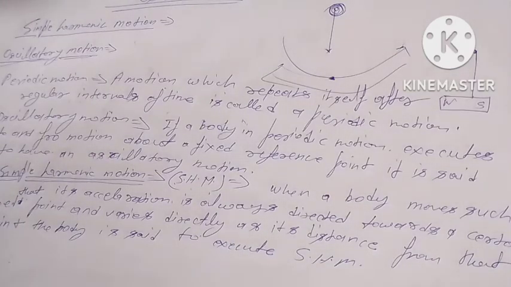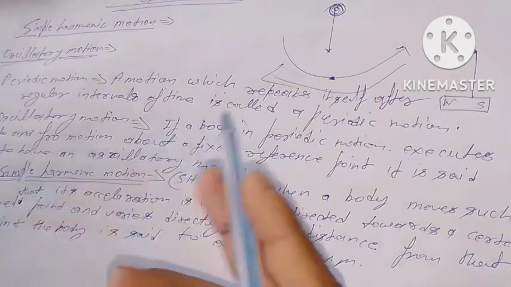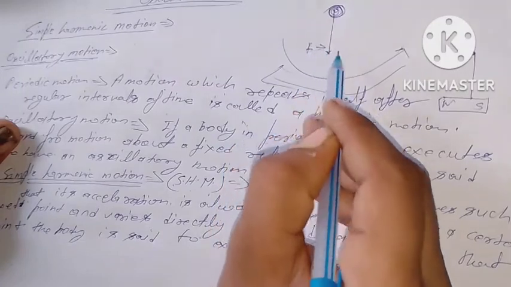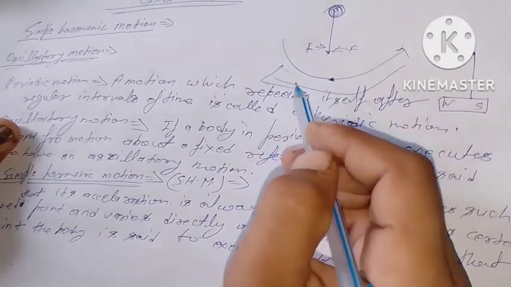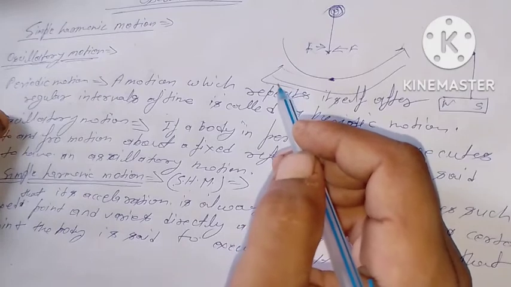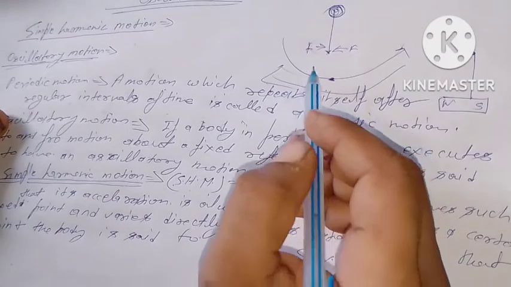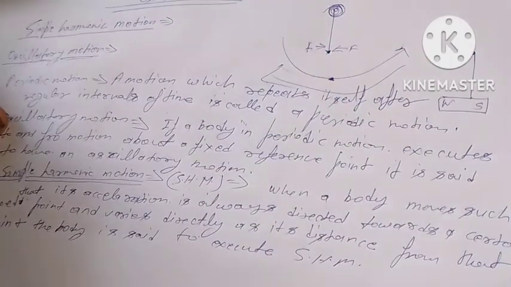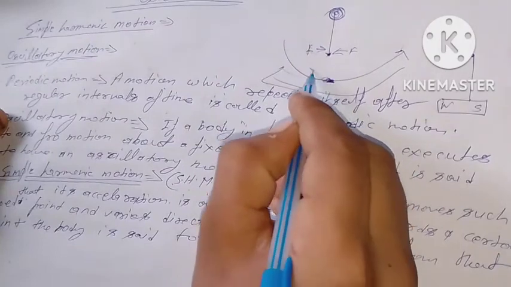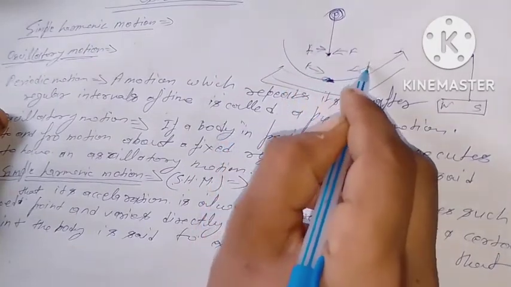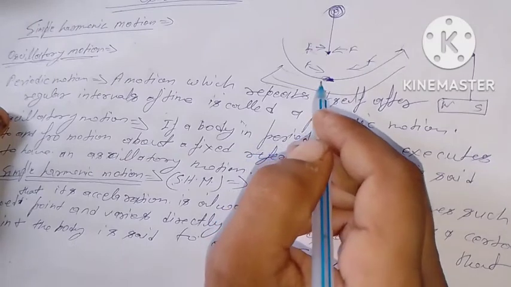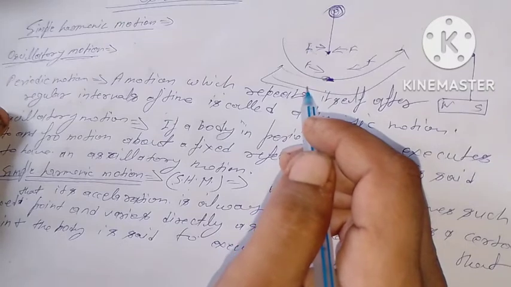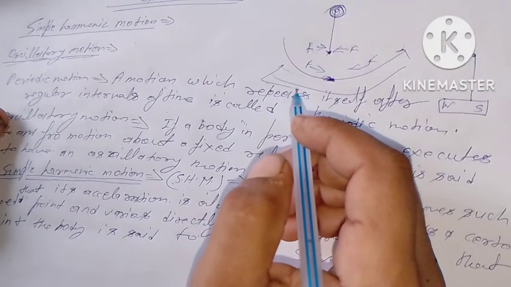For such a motion to take place, the force acting on the body should be directed towards the fixed point, and should also be proportional to the displacement, the distance from the fixed point.